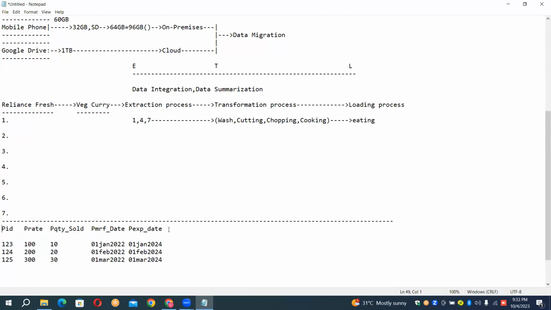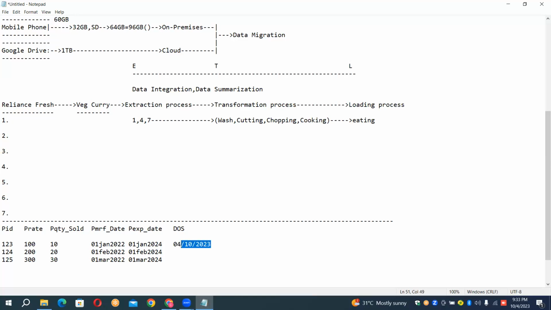But I need to add one more column here, called date of sales, DOS. DOS stands for date of sales, that means on which date this product got sold. Let us give the DOS as today's date. What is the date today, everyone? 04, 10, 23.